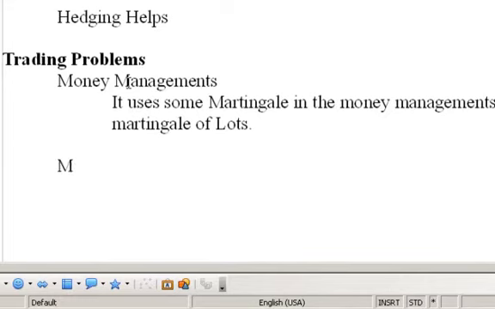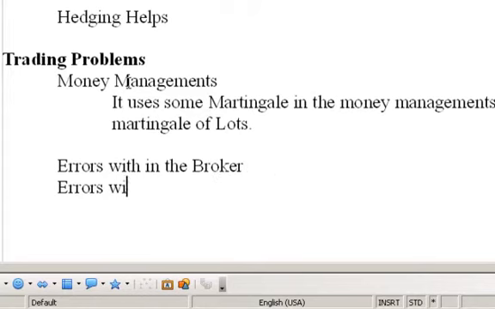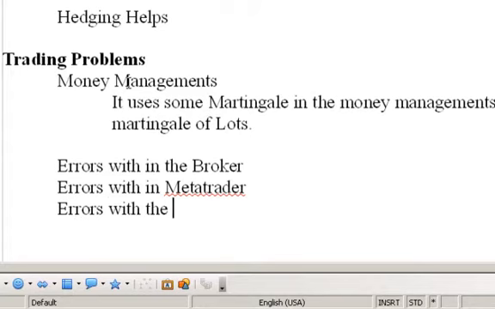We also have errors within the broker, and these really are broker errors. We have errors within MetaTrader, errors within the internet, and we could do errors within banks and dealing desk.